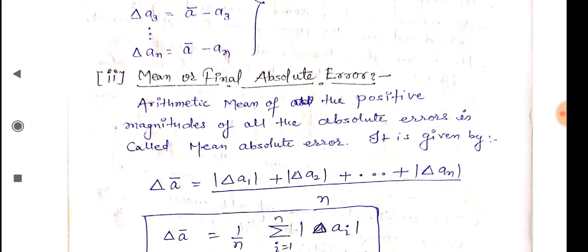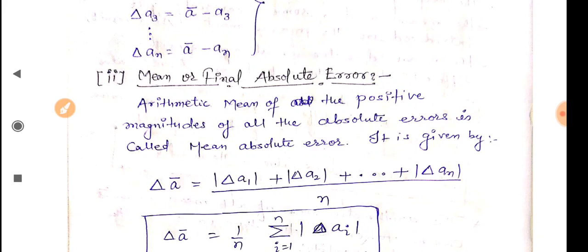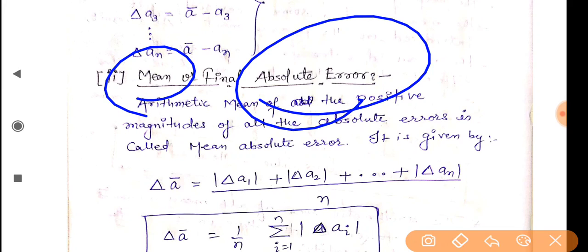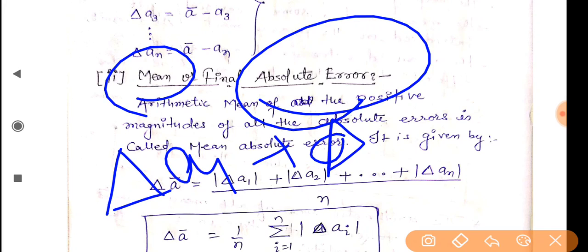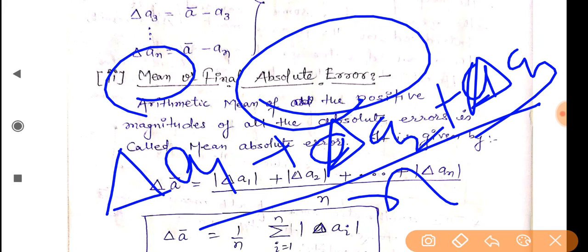Now the mean or final absolute error. Let us take the mean of all absolute errors. Absolute errors means delta a1 plus delta a2 plus delta a3. You have to take all these sums and divide by the number of observations n.